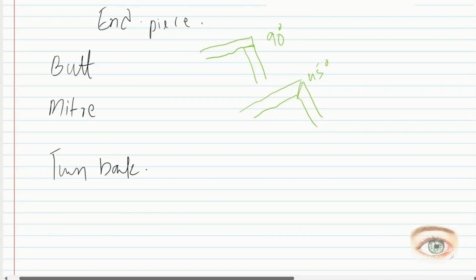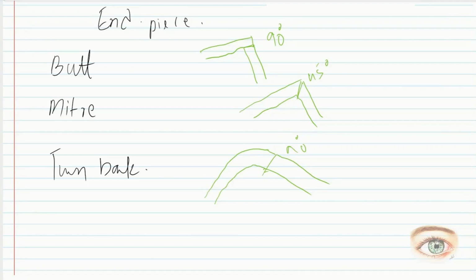And in turn back, we have this bend in the end piece, and then the butt of the temple attaches to this bended end piece, making a 90-degree angle. In most metal frames, we use this turn back end piece.